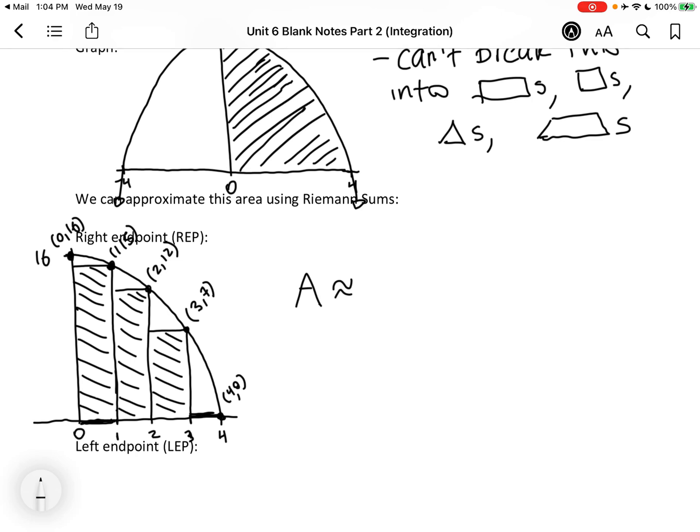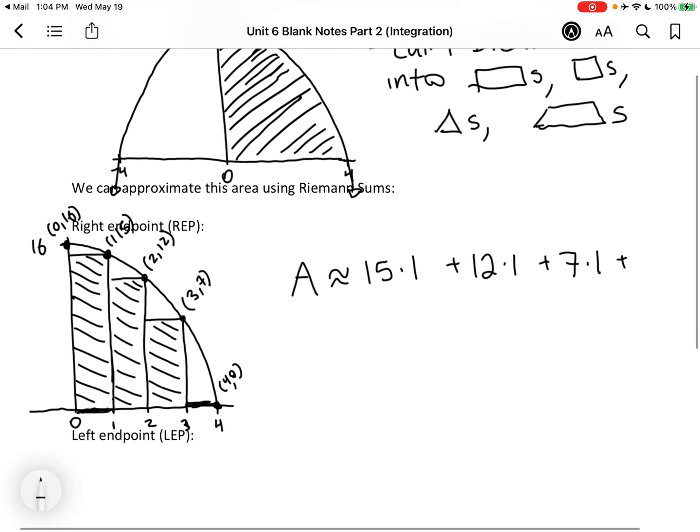So the first rectangle has an area of 15 times 1. And the second one has an area of 12 times 1. And the third one has an area of 7 times 1. And the length of the fourth rectangle is 0. 0 times 1, of course, because it's not actually a rectangle.